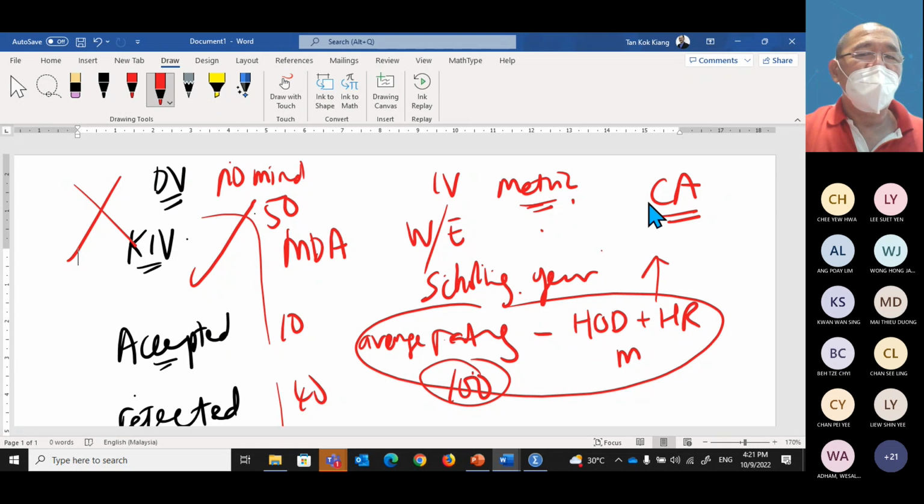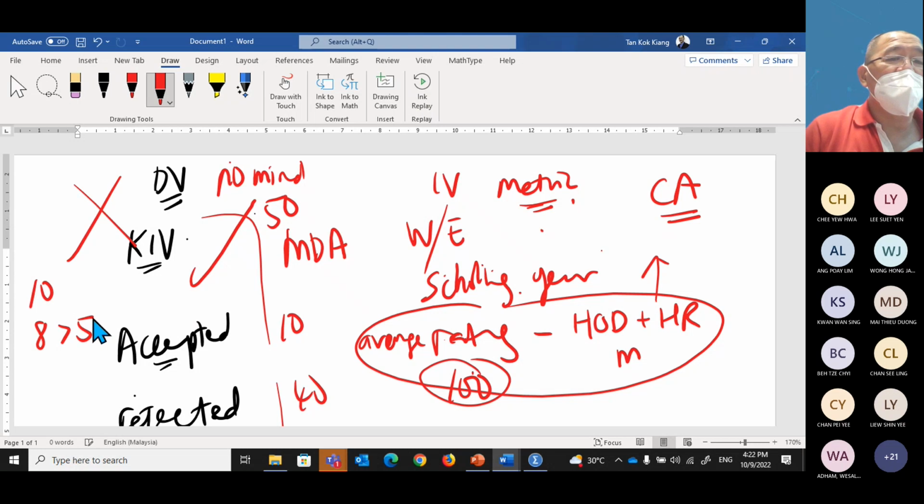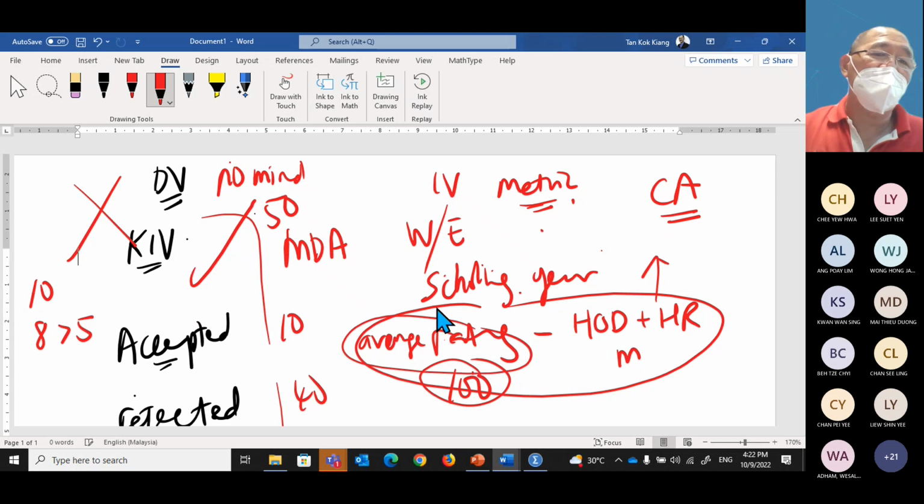So this variable will be good for the CEO to differentiate the candidates. Example, the CEO sees rating, let's say maximum 10, rating 8 is confirmed better than 5. So the CEO will choose the candidate based on the average rating.